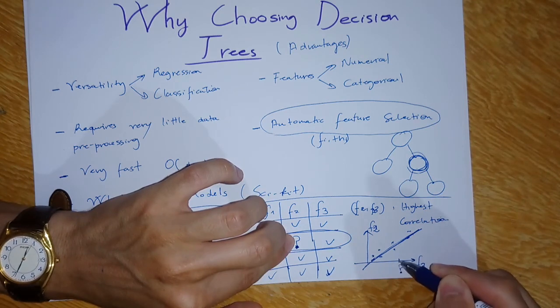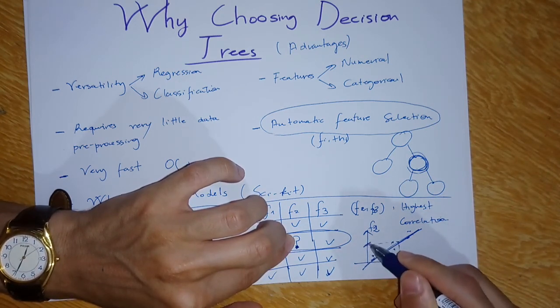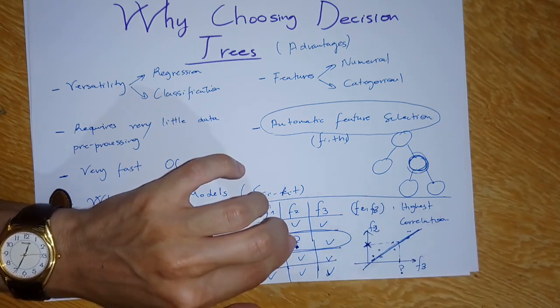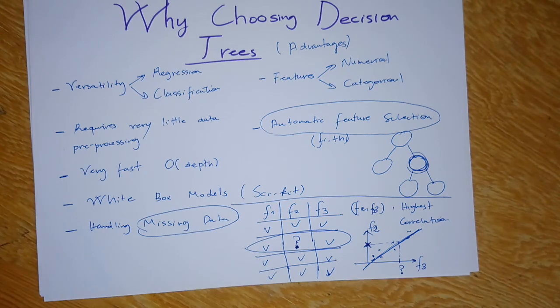What I can do is to infer it from this model and say, well, this value here is the same as this value. So these are some ways that we can use to handle missing data.